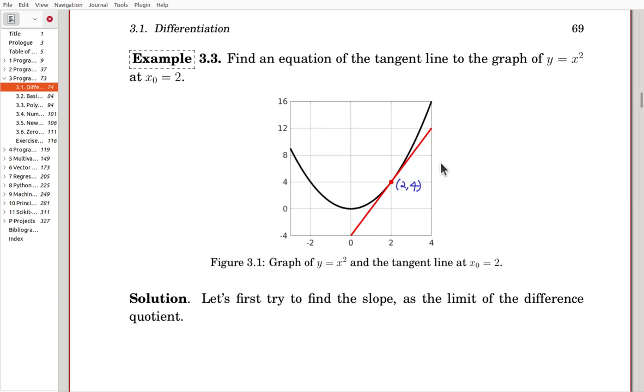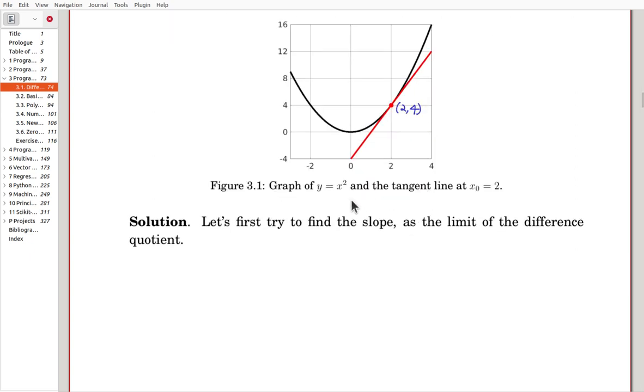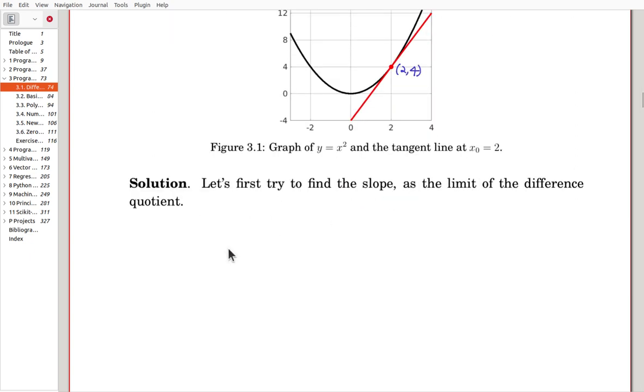Here, measure the difference quotient and try to set h approaching 0. Then we can find the slope, right? So the function is x squared, and the quotient is f at 2 plus h, minus f at 2, divided by h, right?